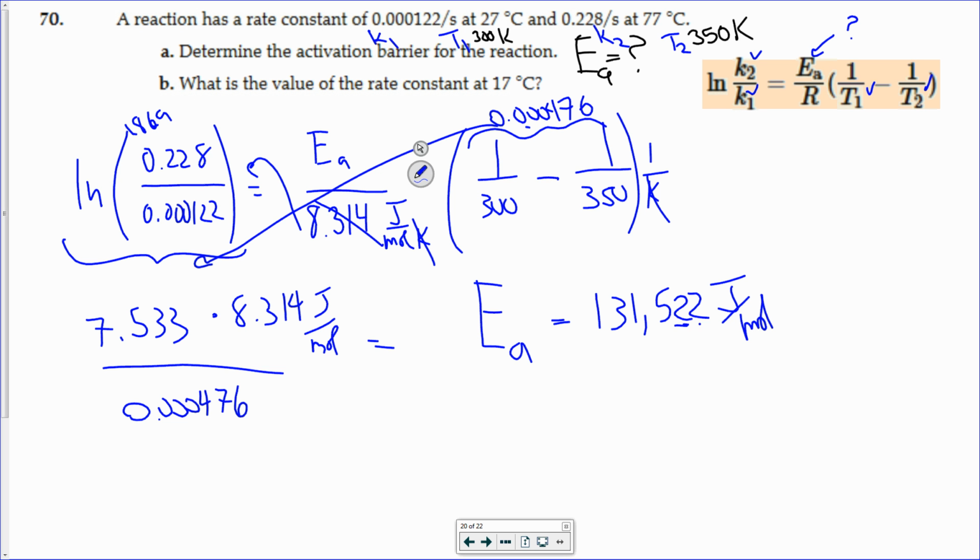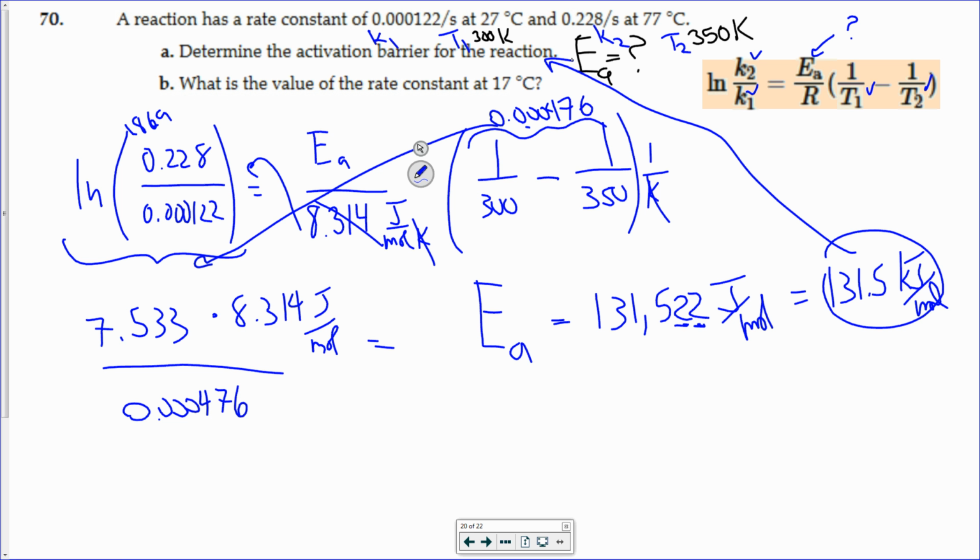I'm off a couple of digits here, but I got 131.5 again. So in kilojoules, 131.5 kilojoules per mole. Okay. So that answers A, what is the activation energy?